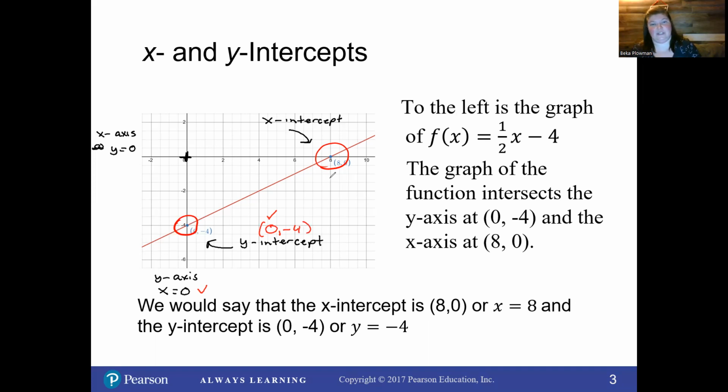If we look at our x-intercept, let me write that point here again, a little bigger. That was (8, 0). So your y-coordinate is the 0. Your x-axis is going to be the line y equals 0. So if you want your x-intercept, that is when y is equal to 0.